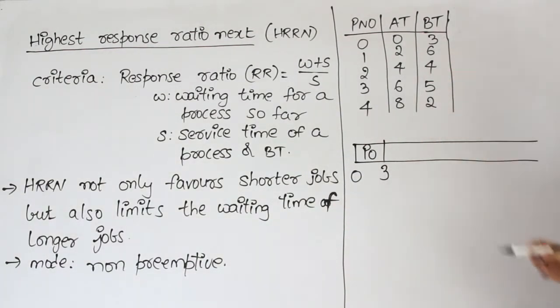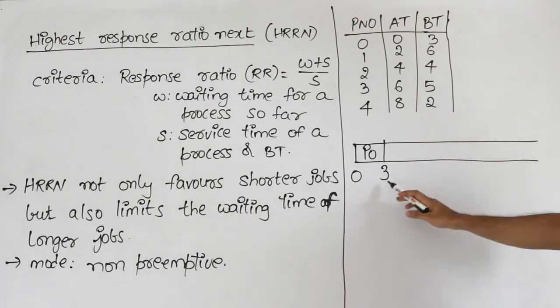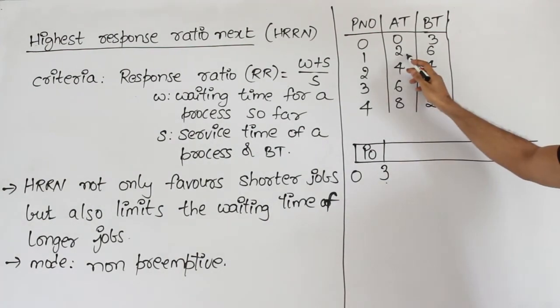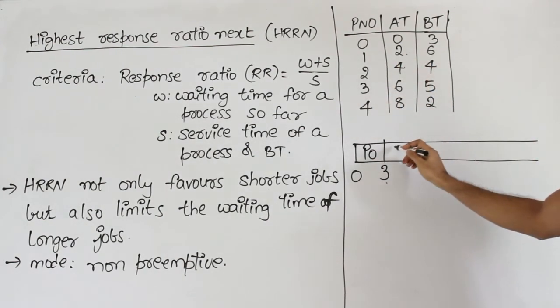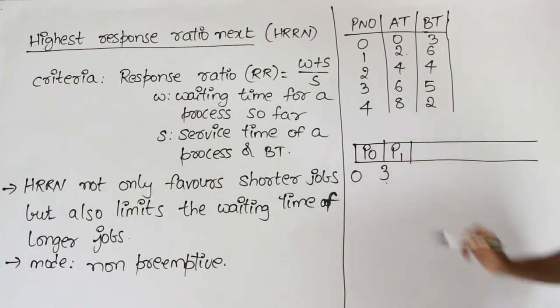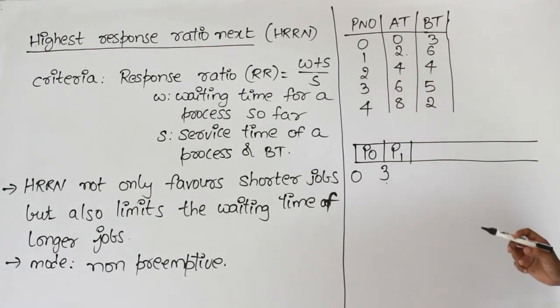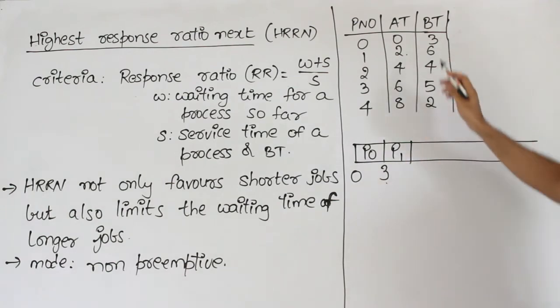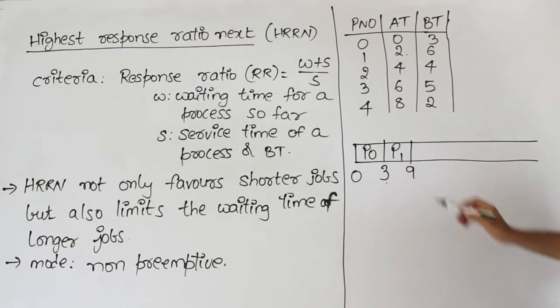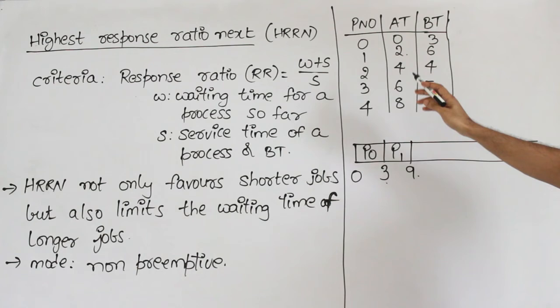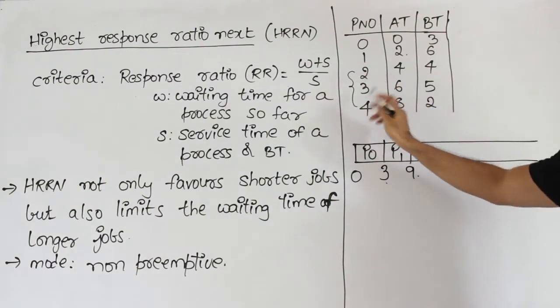At 3, the process P0 completes. If you look at time 3, only one process has arrived by then, which is P1. Therefore I don't have any other choice, so I just schedule P1. P1 is going to run for 6 units, so now the time is 9. By time 9 all the remaining three, P2, P3 and P4, are available.